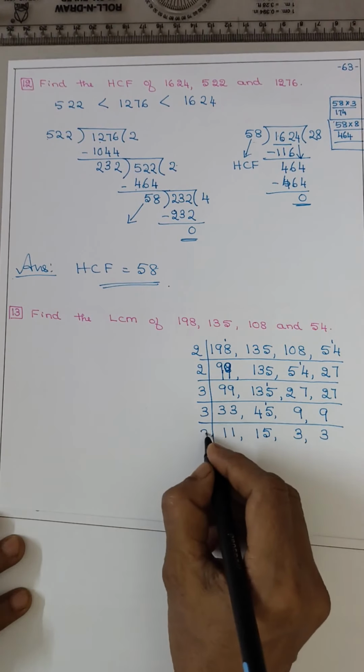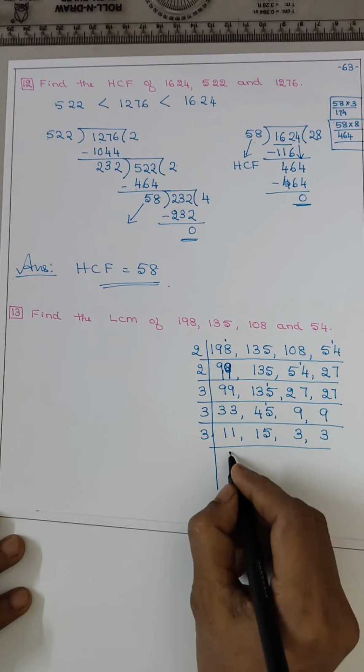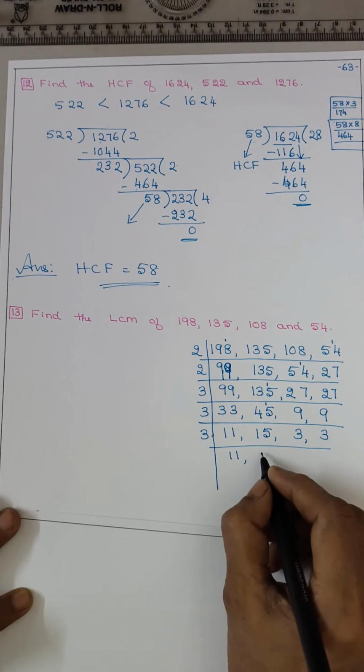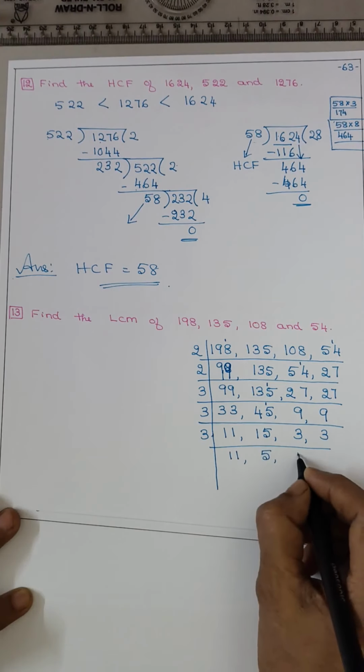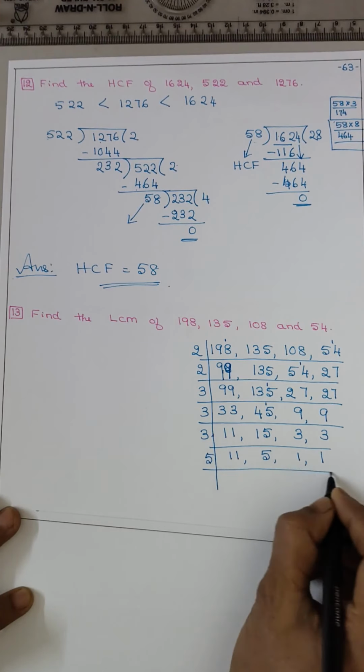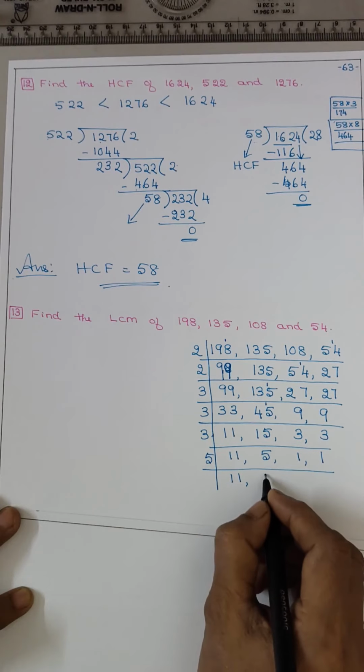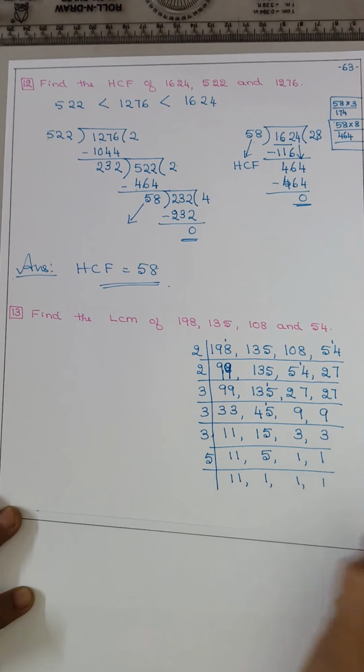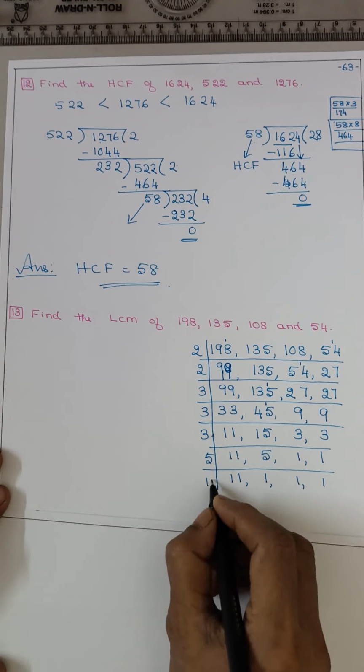Now again 3: 11 as it is, 3 5s are 15, now directly 5. 11 as it is, 5 1s are 5, 1 as it is, now 11.